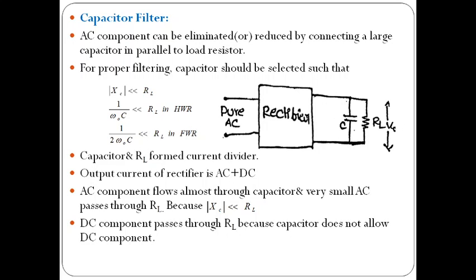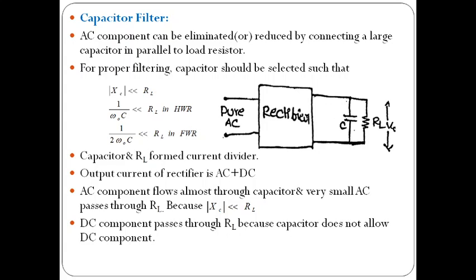Most of the AC current flows through the capacitor, and only a small amount of AC current flows through the load resistor. Most of the DC current flows through the load resistor only, because the capacitor will not allow the DC components.